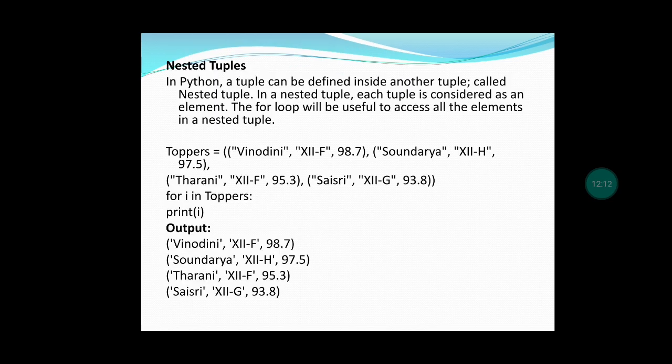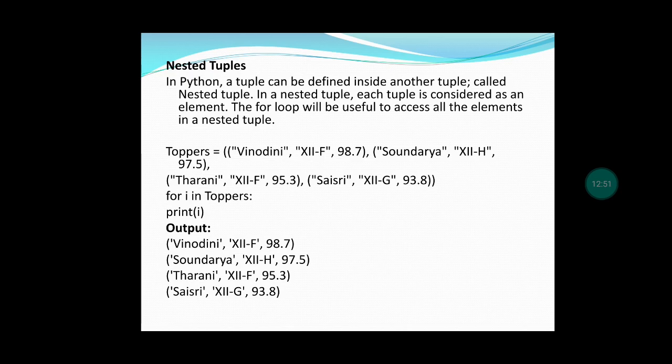Next, we are going to see about the nested tuple. I think you all know what is meant by nested. Nested means a tuple inside another tuple, and that is called a nested tuple. So here we have used the for loop for understanding the nested tuple. Here it is given as toppers equal to, inside the parentheses, one parenthesis given: Vinodini 12F 98.7, comma, after that another parenthesis, Soundarya 12H 97.5, and one more parenthesis with a name, and one more.